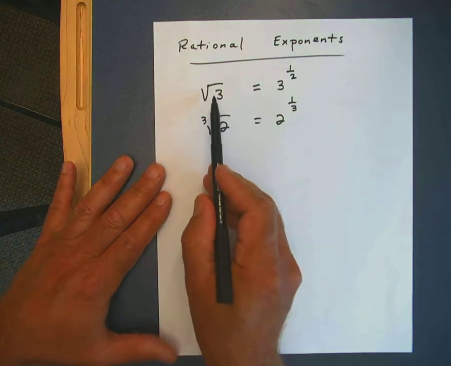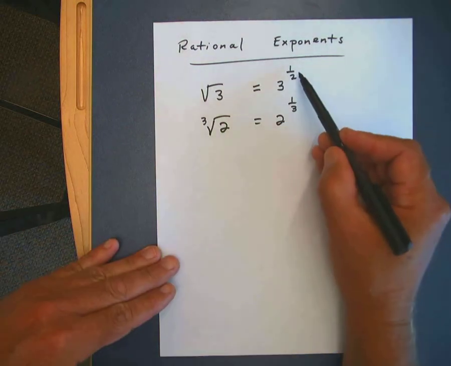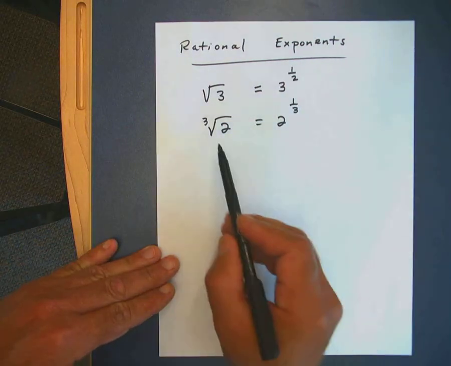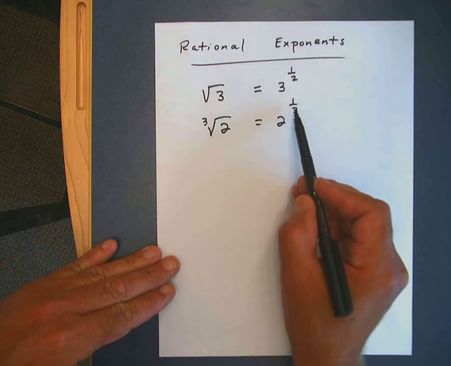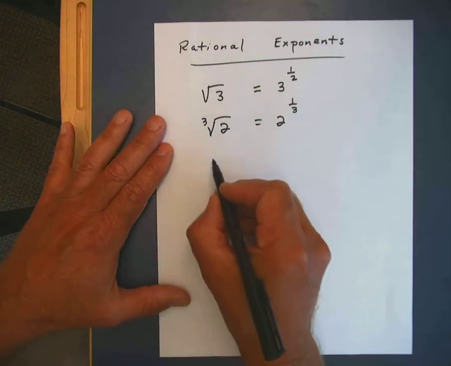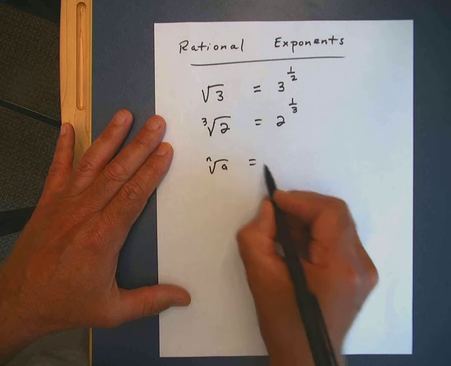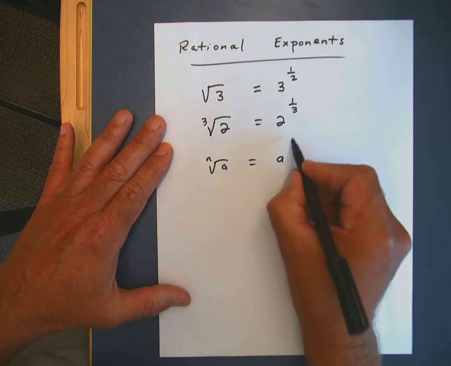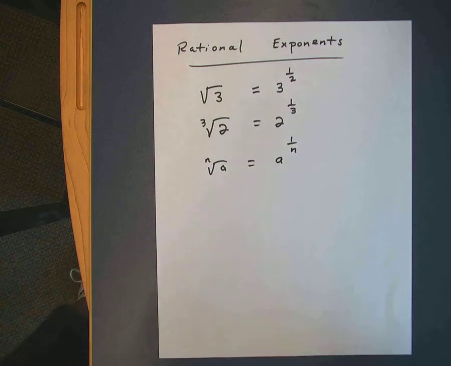So here, the 2 in the denominator of 1/2 tells you to take the square root, and here the 3 in the denominator tells you to take the cube root. So that's how you work with rational exponents. If you have the nth root of some number a, that can be written as a to the 1/n power. Let's take a couple of examples.